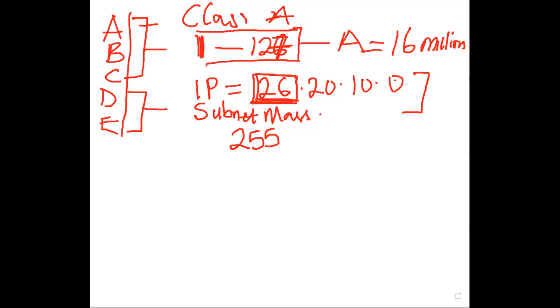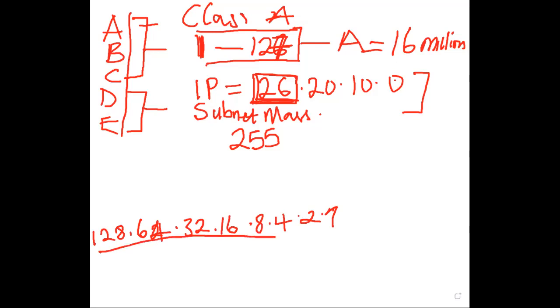If we remember, we are talking about 128, 64, 32, 16, 8, 4, 2, and 1. These are the 8 bits that make up the IPv4 address.